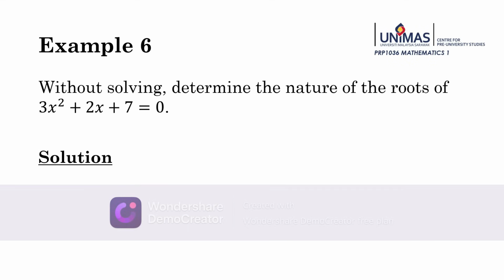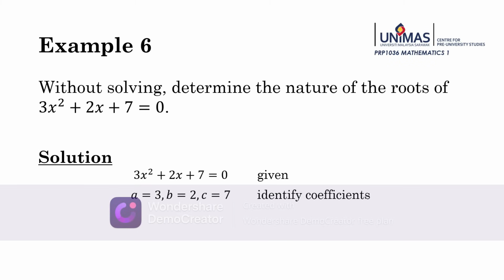Without solving, determine the nature of the roots of 3x squared plus 2x plus 7 equals 0. So we list out all the coefficients, the quadratic coefficient, the linear coefficient, and the constant c, and substitute into the discriminant.